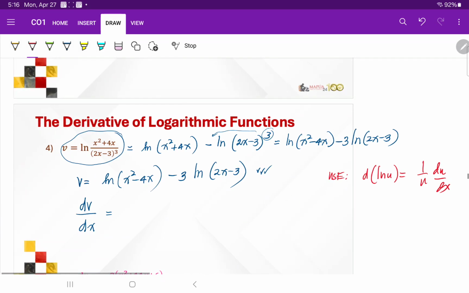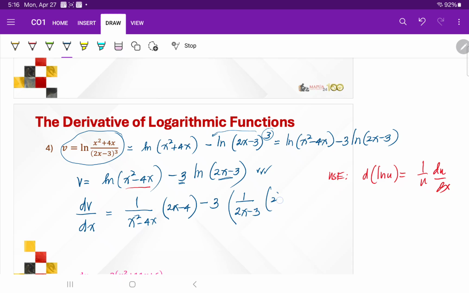So here, this is u. So the derivative is 1 over x squared minus 4x times the derivative of x squared minus 4x, which is 2x minus 4. Then minus, you have the constant here, copy the constant, times the derivative of ln of u. So 1 over u, 2x minus 3 times 2.